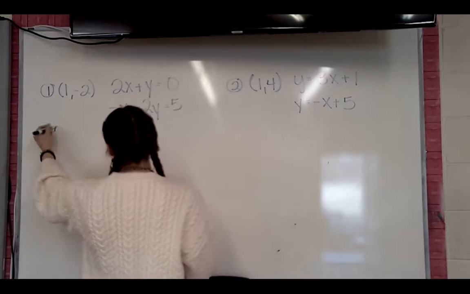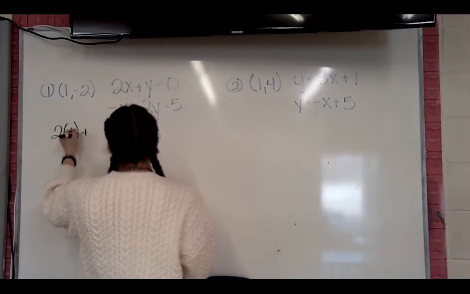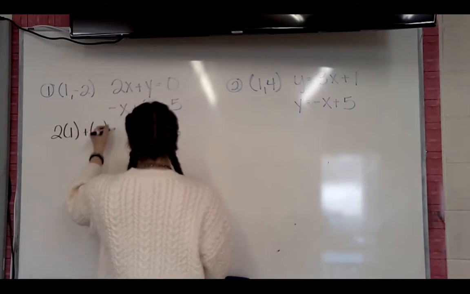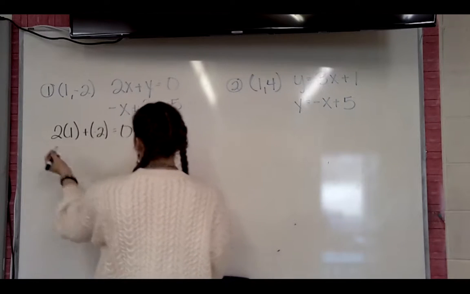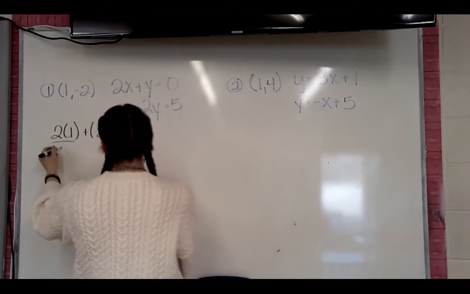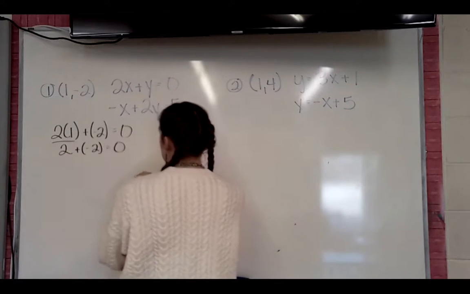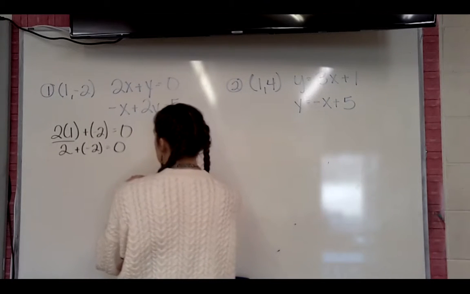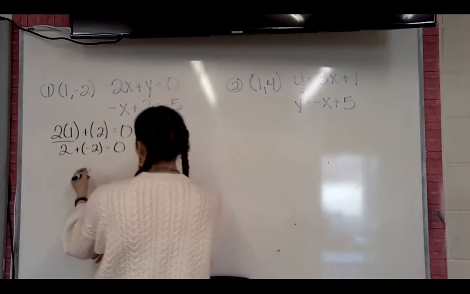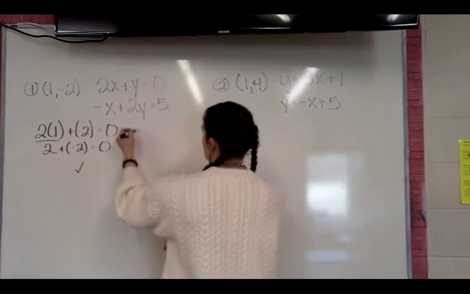We plug 1 in for x. 2 plus negative 2 equals 0. So that one is true.